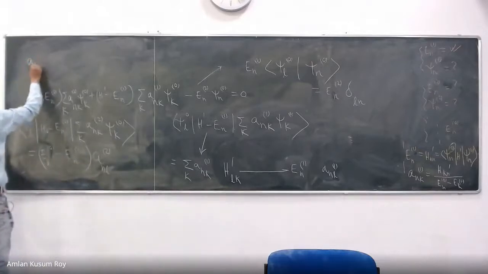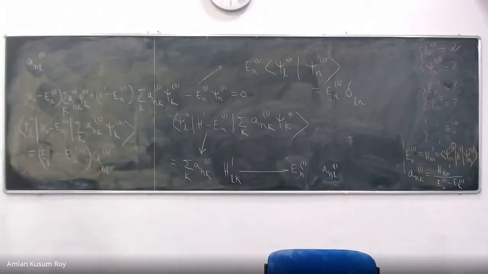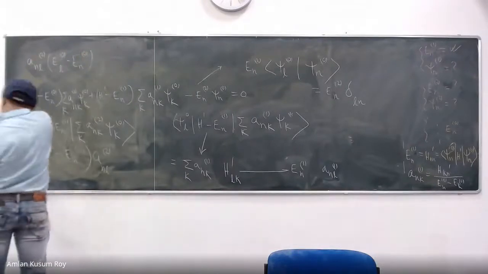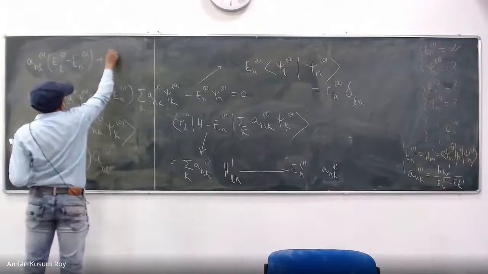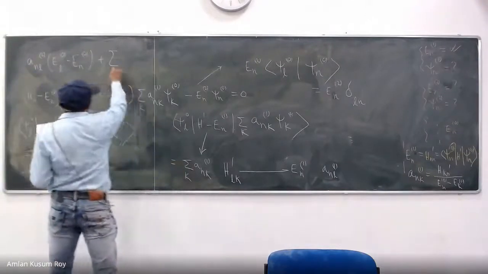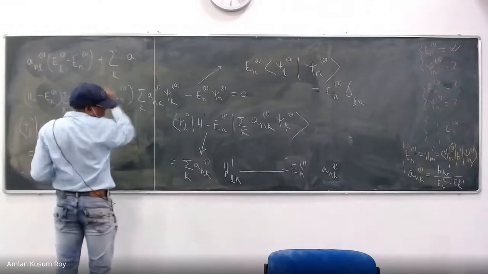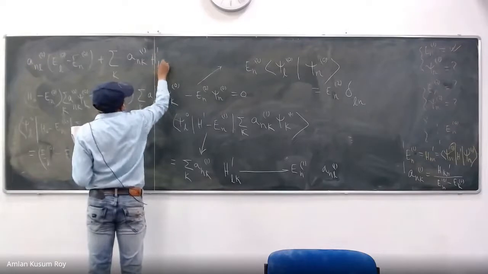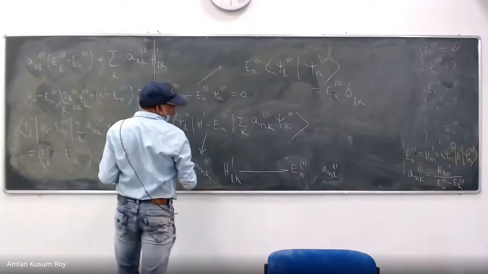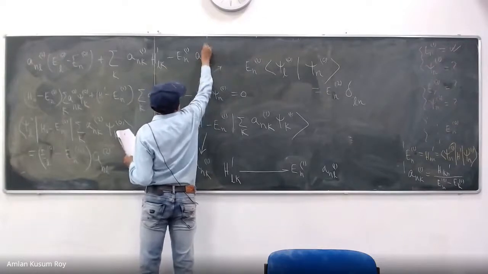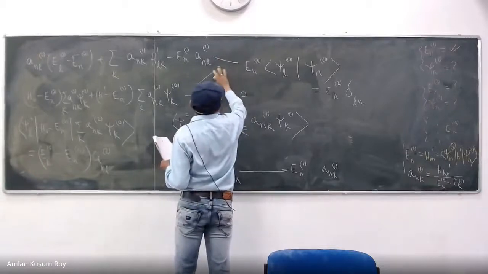So we eventually have A_NL^2 (E_L^0 minus E_N^0), and then plus summation K A_NK^1 H'_LK minus E_N^1 A_NL^1, and then minus E_N^2.